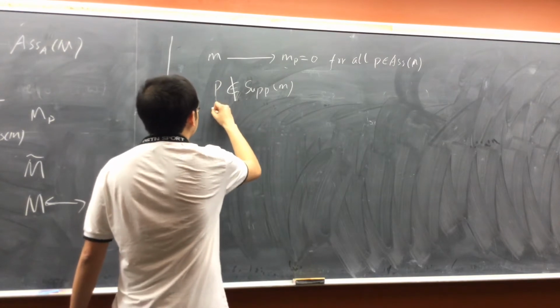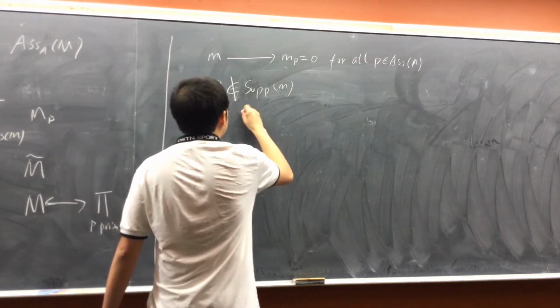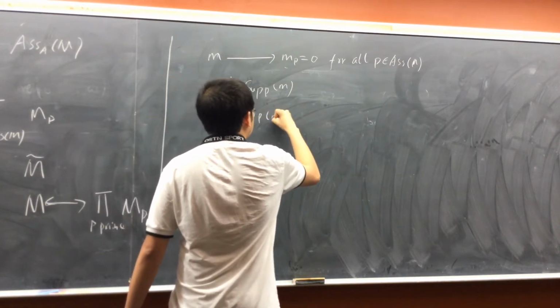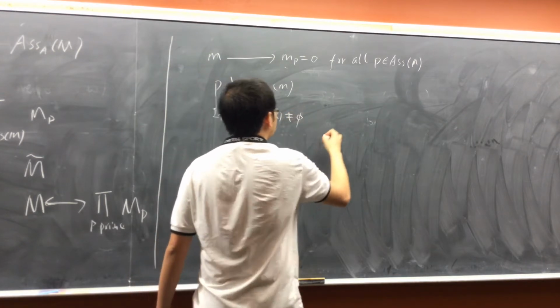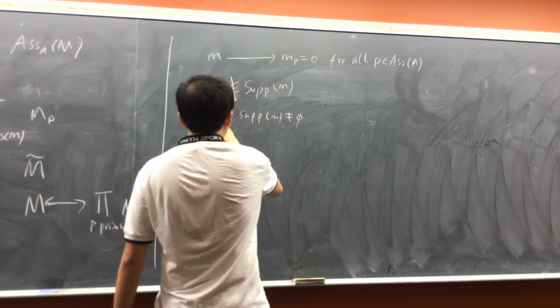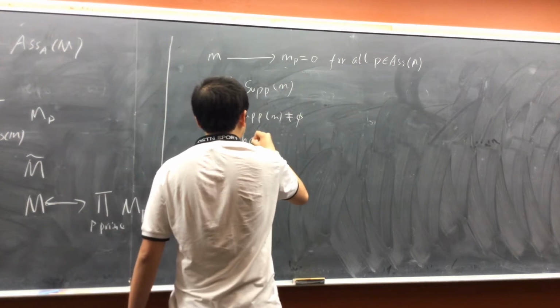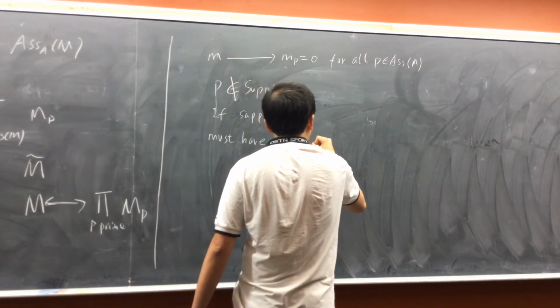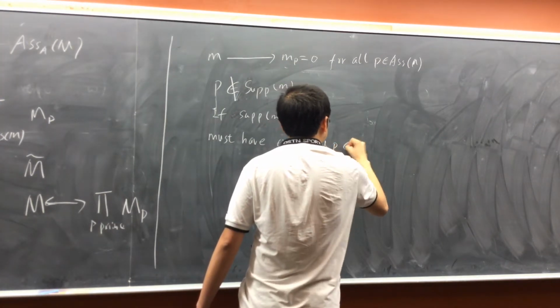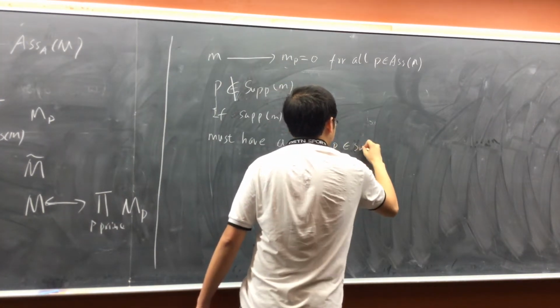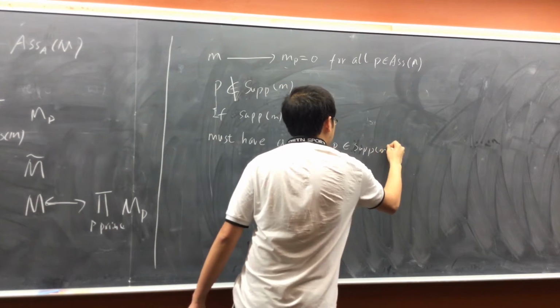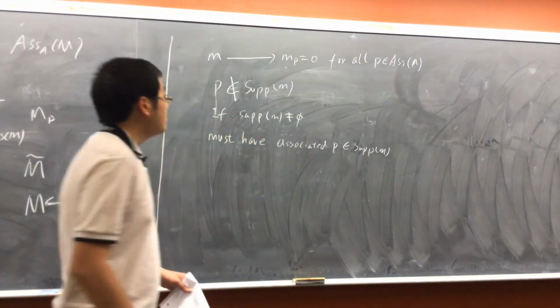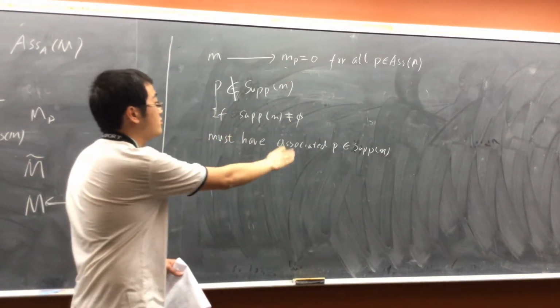Otherwise, if the support of M is not empty, you must have associated points in it. If it's not 0, you must have an associated point in it.